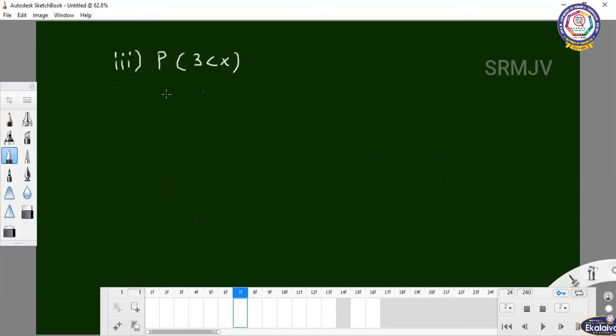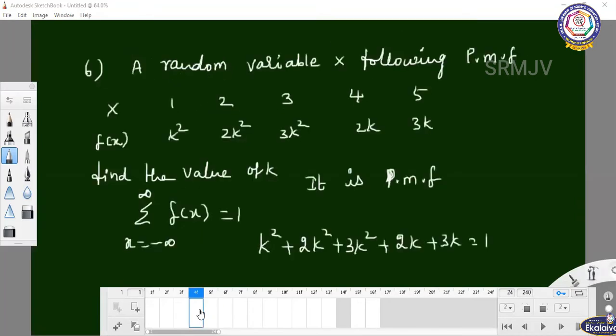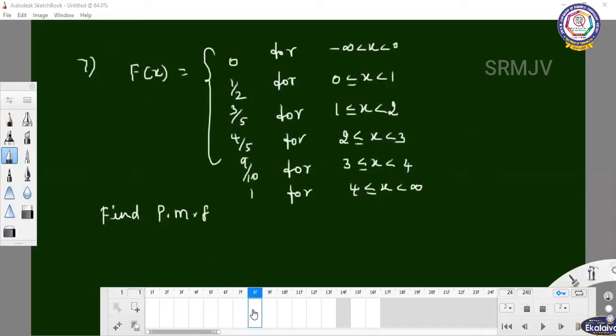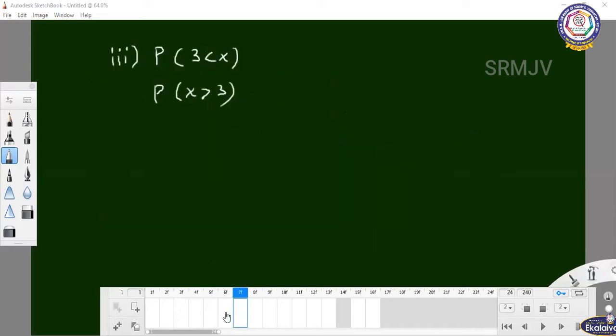Third subdivision. P of 3 less than x, or you can write P of x greater than 3. Both are the same. What are the values greater than 3 in the tabular column? 4 and 5, that is 2k and 3k.